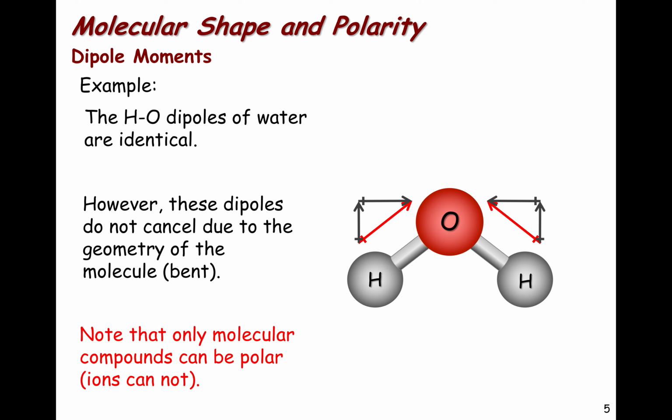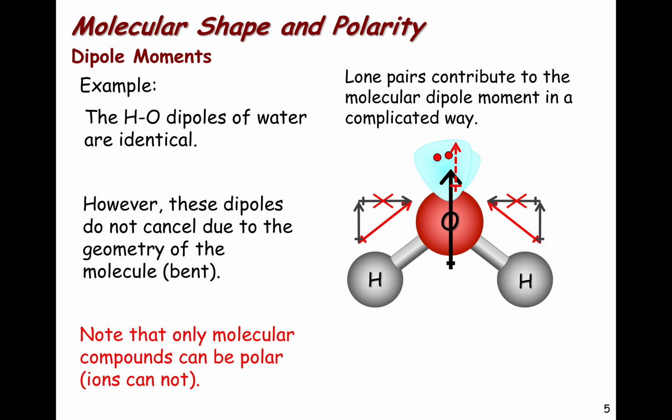However, you'll notice that the two that are in the vertical direction are both pointing in the same direction. So when those two are added together, they produce a net dipole moment that is in the vertical direction, with the negative end of the molecule being on the oxygen, and so therefore we end up with a new vector as shown here that basically bisects the HOH angle, and therefore our conclusion is that this is a polar molecule and would have a dipole moment.